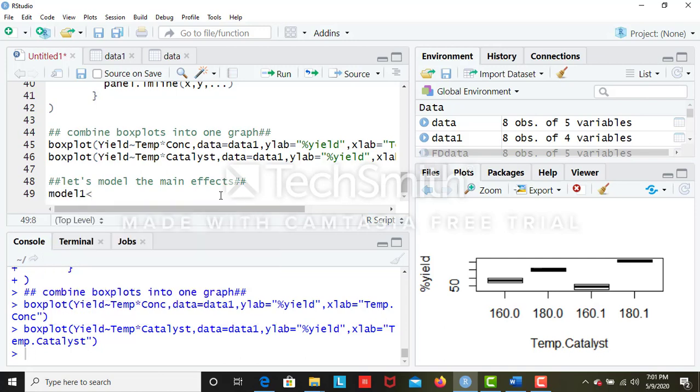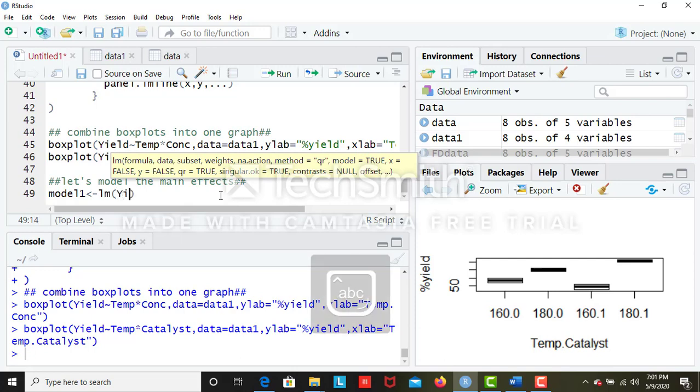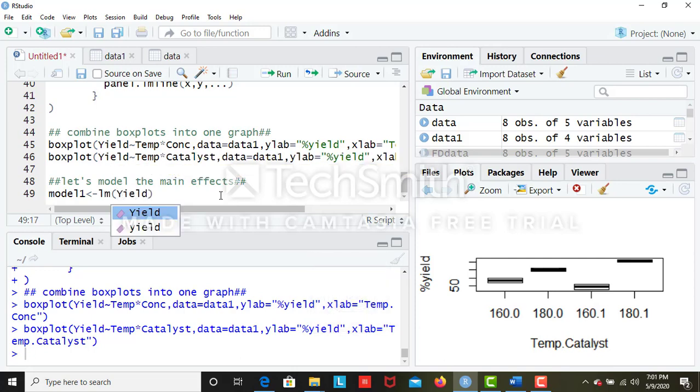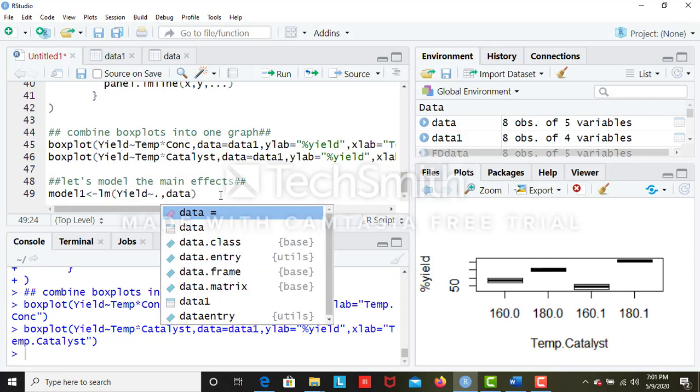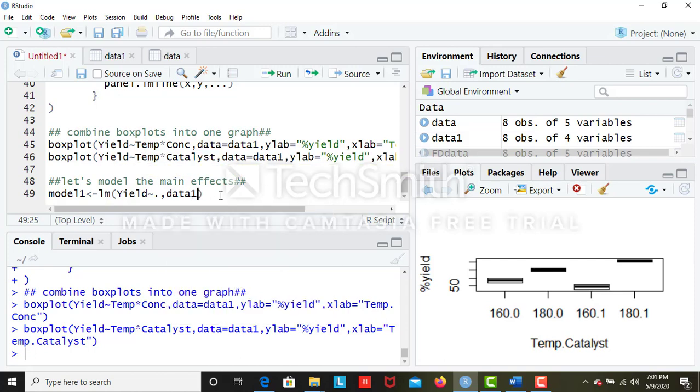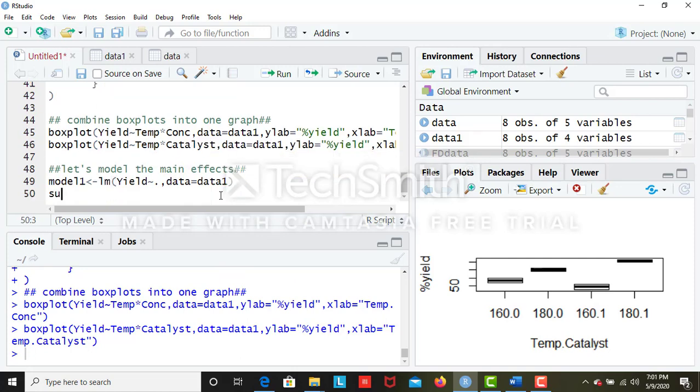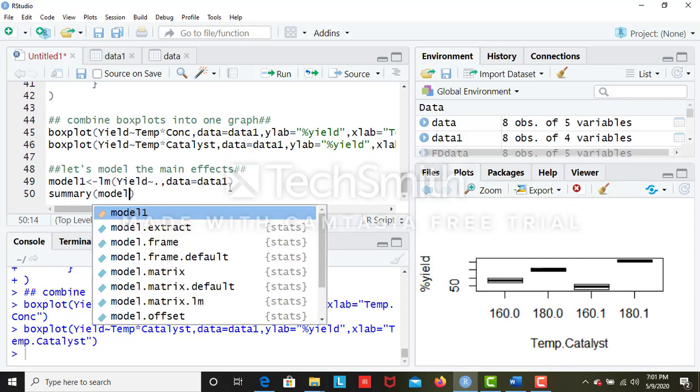I'm going to have lm, with yield as the response, and then data equal to data1. I'm also going to look at the summary of model1.